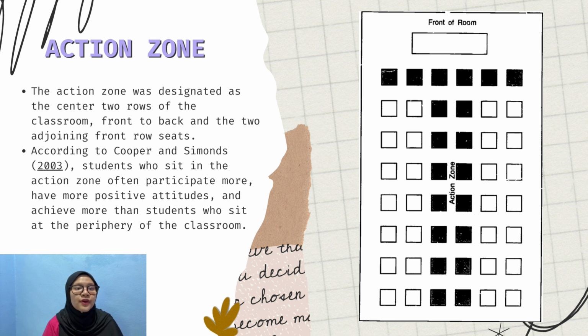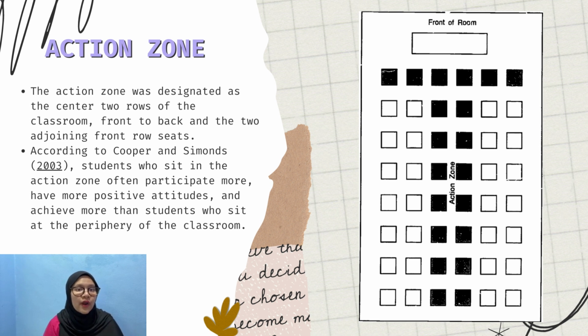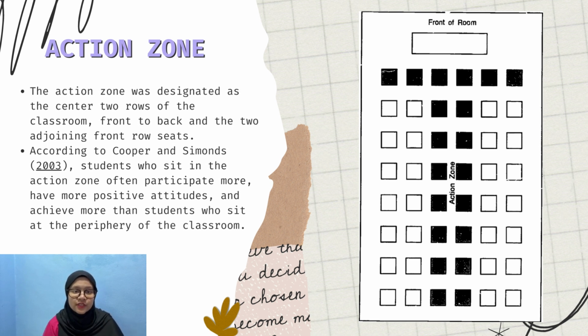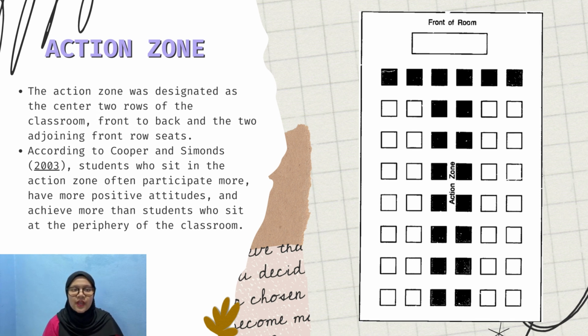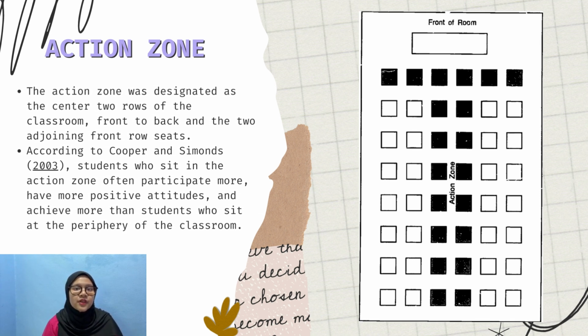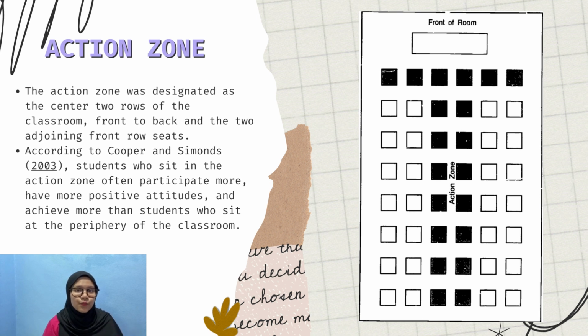According to Cooper and Simmons, students who sit in the action zone often participate more, have more positive attitudes, and achieve more than students who sit at the periphery of the classroom.